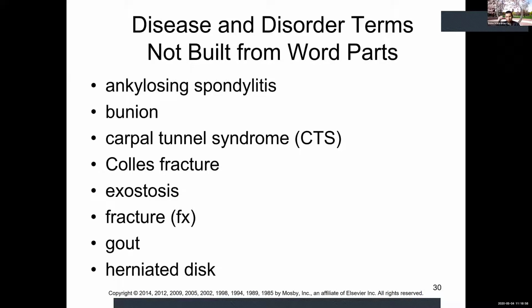Gout, the picture on page 609, the top one, A, is a good picture of gout. That's just a buildup of uric acid in the joints. It can be painful, and sometimes you actually need to have it drained. A lot of times you hear about it in the knee joint, and then having the gout drained from your knee. It'll cause your knee to be swollen. You won't be able to see or palpate the kneecap or the patella like you normally can.